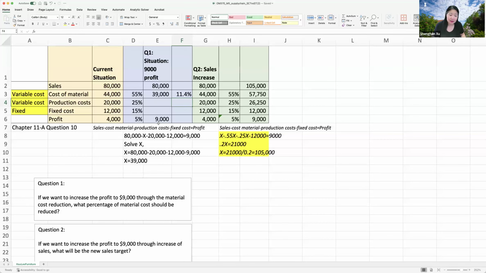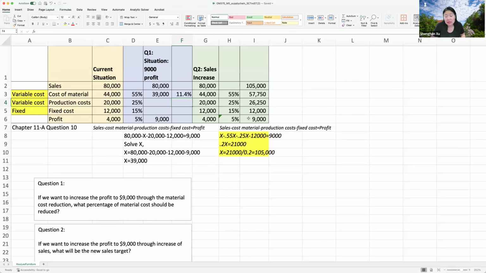Then we can also explore that if we want to increase our profit to 9,000, but I don't want to reduce the cost of material, because someone will say that if you reduce the cost of material, then the quality of the product might deteriorate, right?